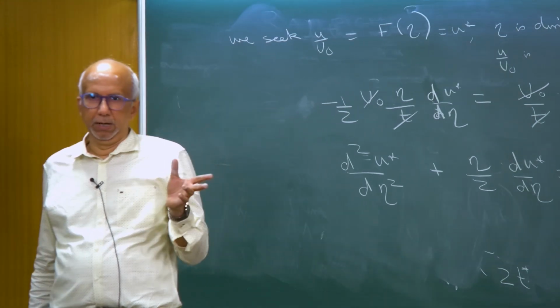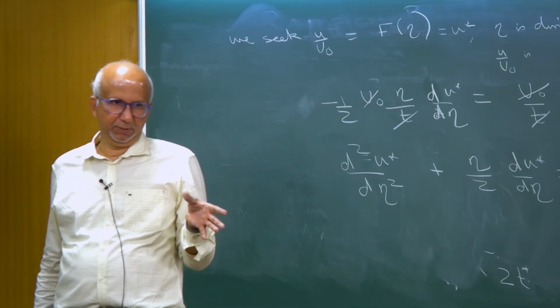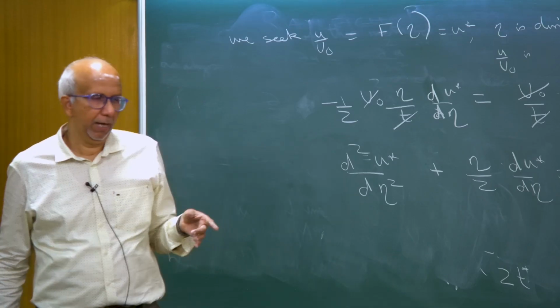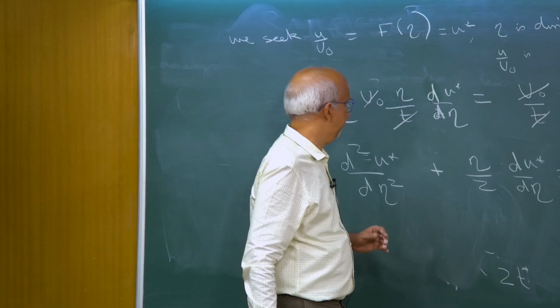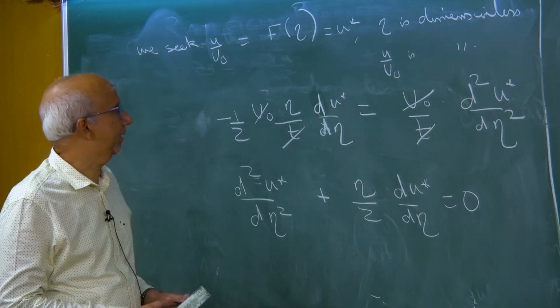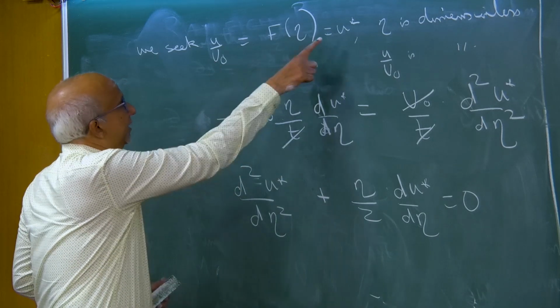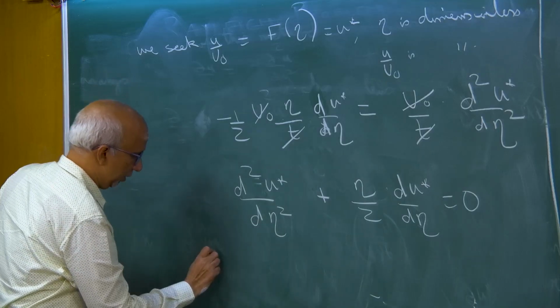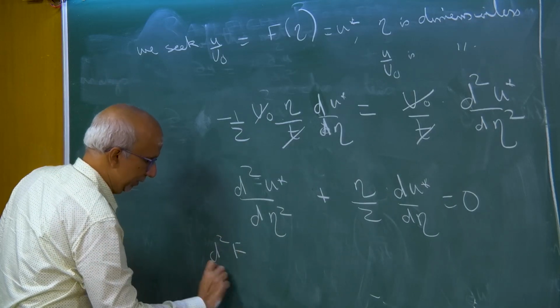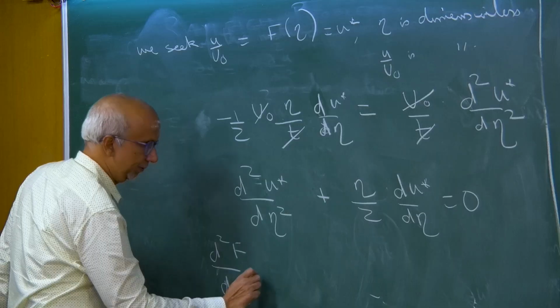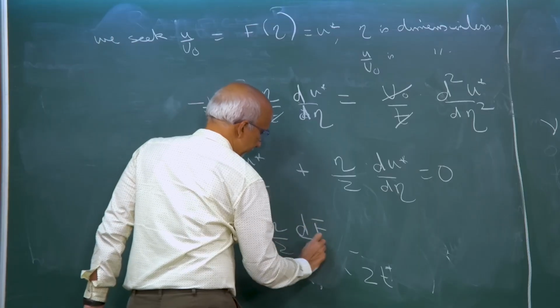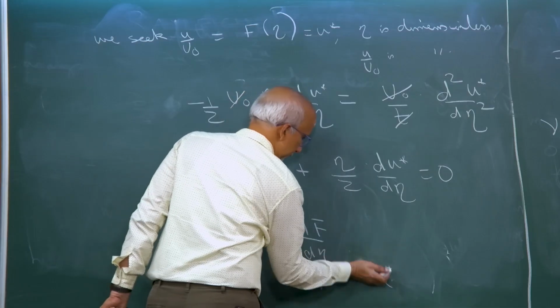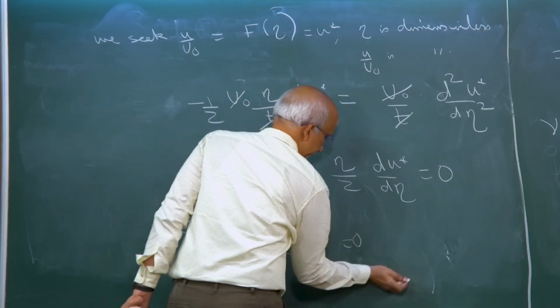U star is dimensionless, eta is dimensionless. And what I will do is u star is same as f. So, I am just going to call this d square f by d eta squared plus eta by 2 df by d eta equal to 0.